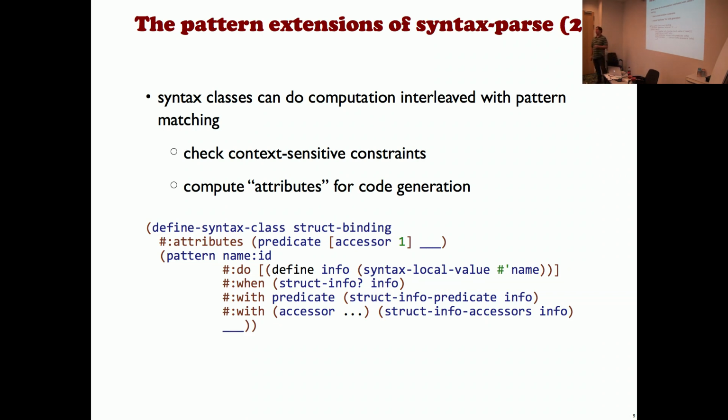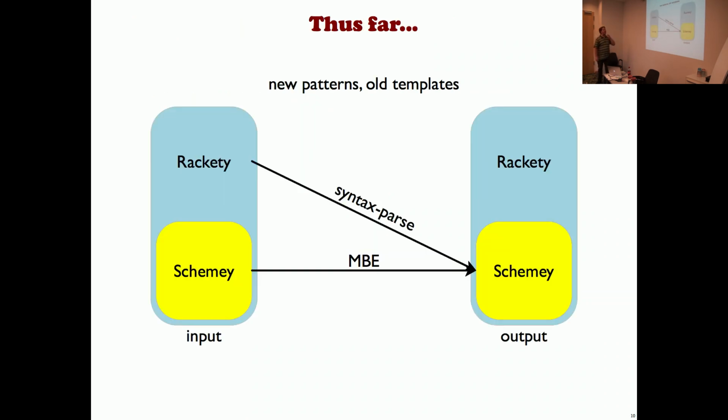Okay, and so now life is great. We can have our Rackety syntax, and we can use patterns to check it, validate it, take it apart. But I didn't do anything over here.